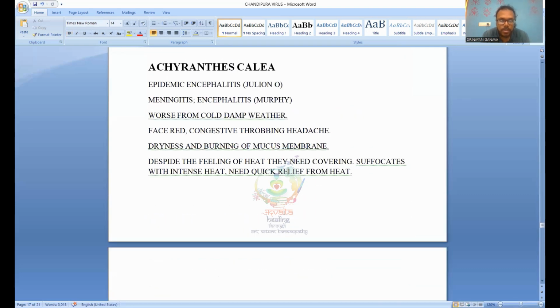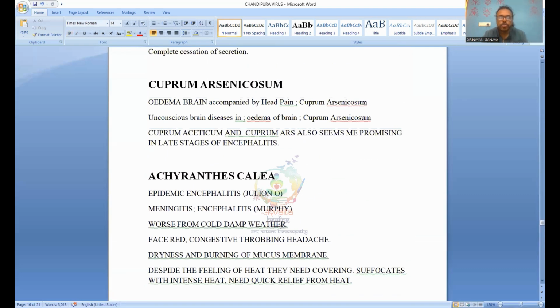So there are two remedies that took my attention, because copper has some important role in brain processes. Okay, the neuron link that we have seen. So copper has some role in any sorts of brain disorders.